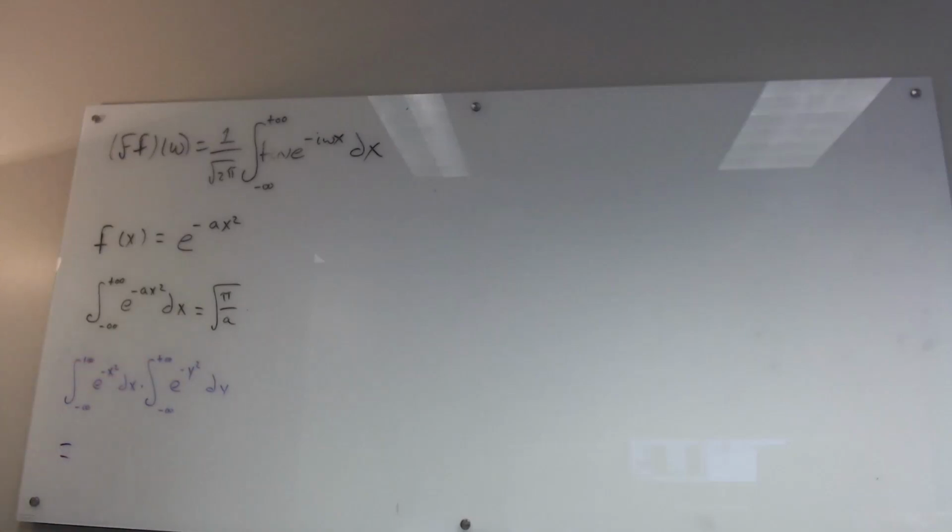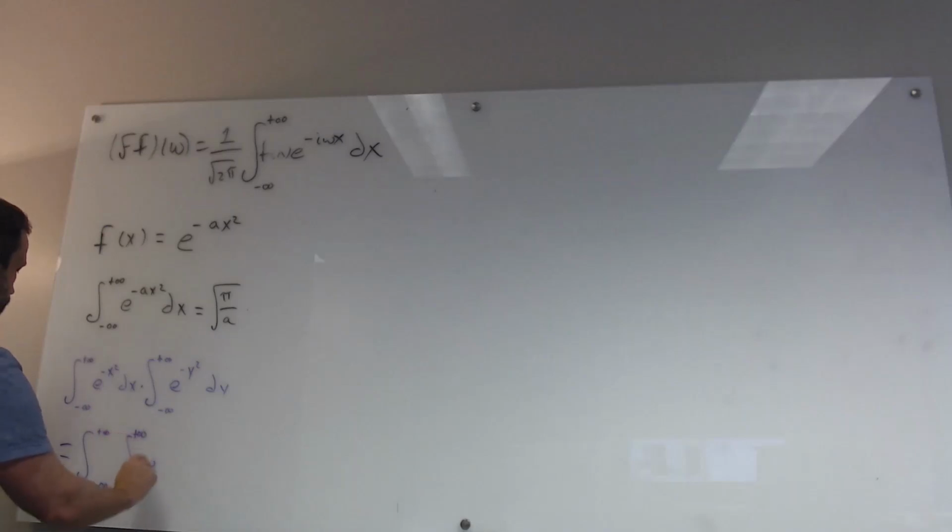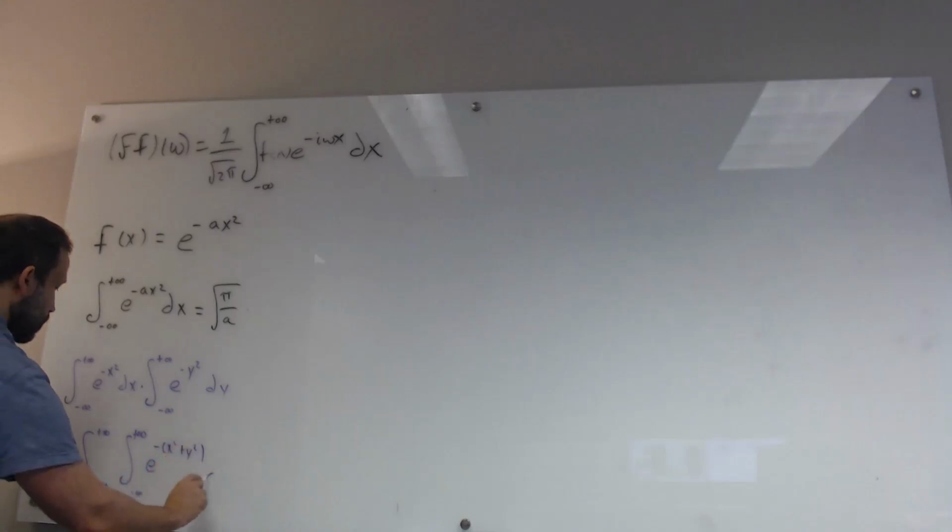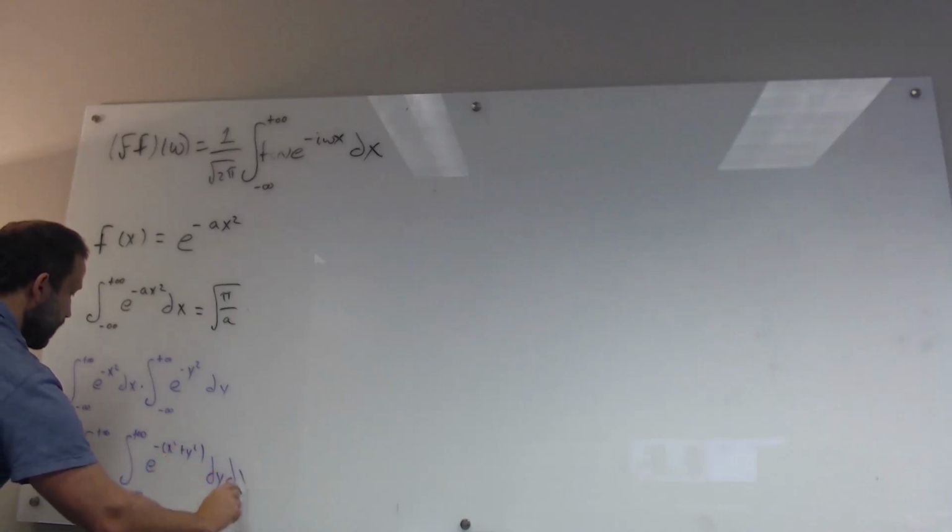But now we can think of this as an iterated integral in the xy plane: x from minus infinity to positive infinity, y from minus infinity to positive infinity, e to the minus (x squared plus y squared) dy dx.